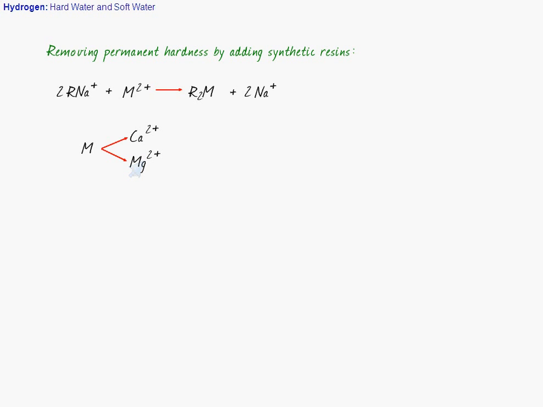Pure demineralized, that is deionized water, free from all soluble material, is obtained by passing water successively through a cation exchanger in the hydrogen ion form and an anion exchanger in the OH- form.